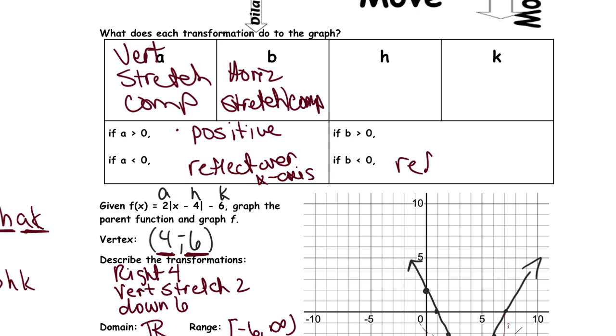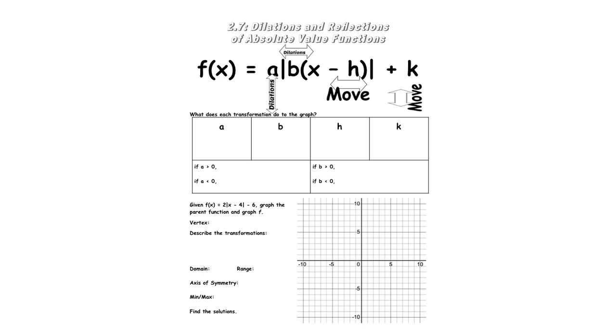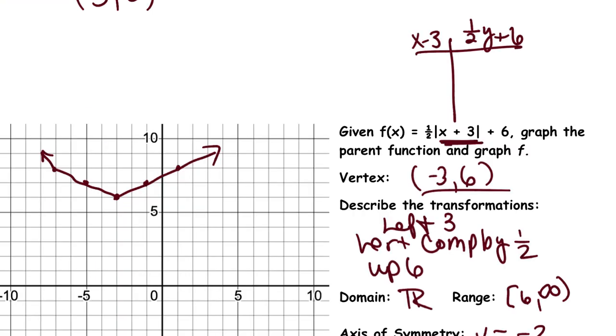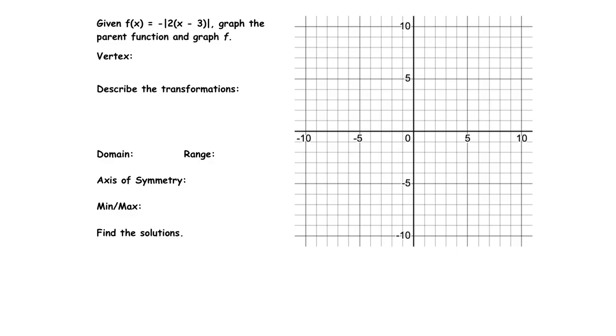So if B is less than 0, it's going to reflect over the y. Okay, B's are a beast.